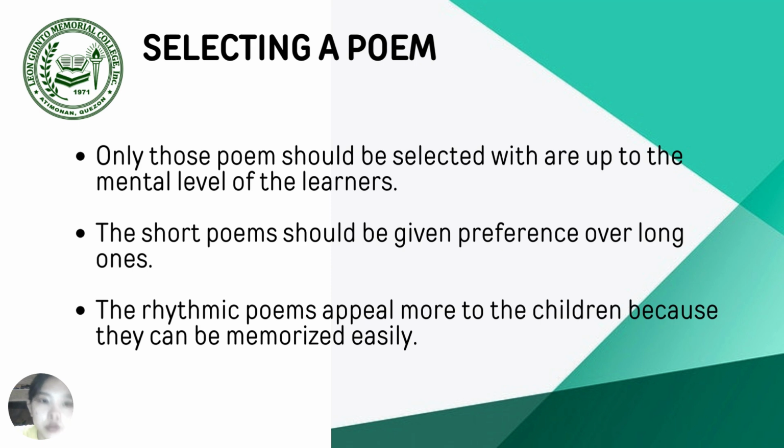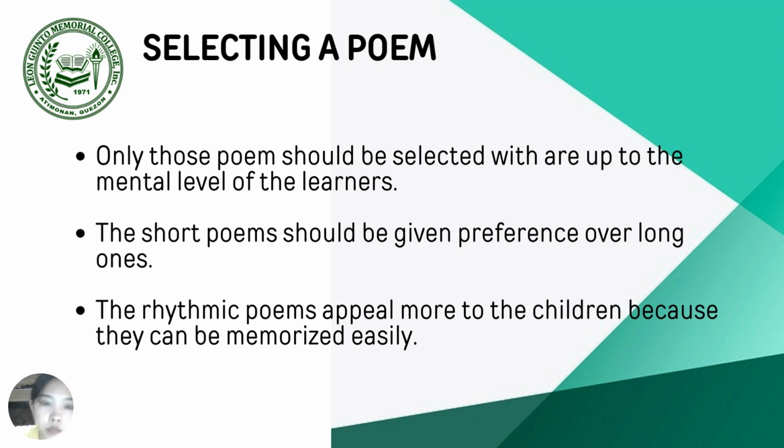And in selecting a poem, we must consider these. Only those poems should be selected up to the mental level of the learners, because we cannot give a typical difficult-to-understand poem to them, kasi hindi nila maiintindihan masyado.